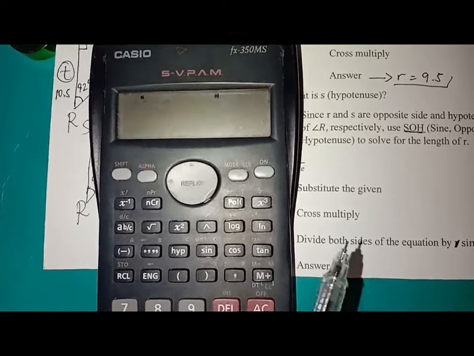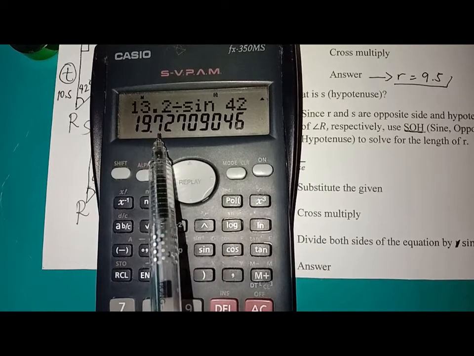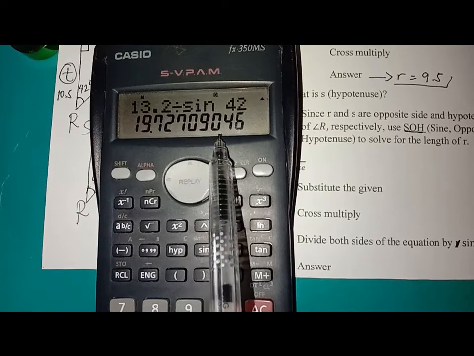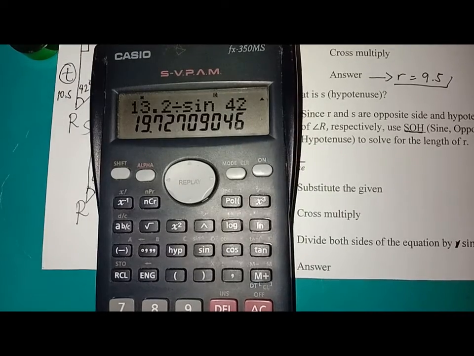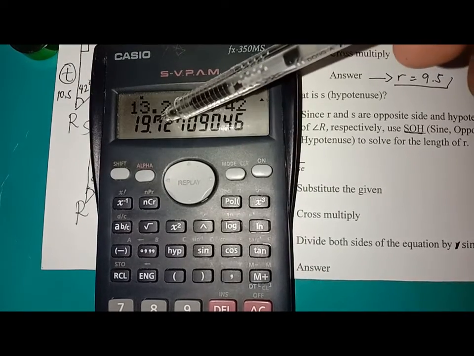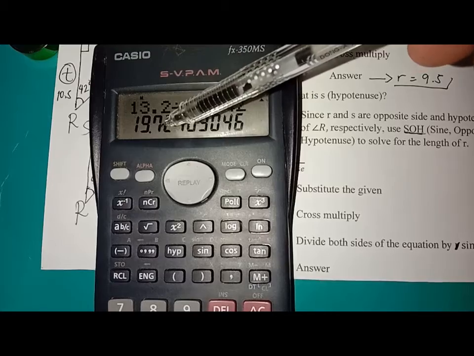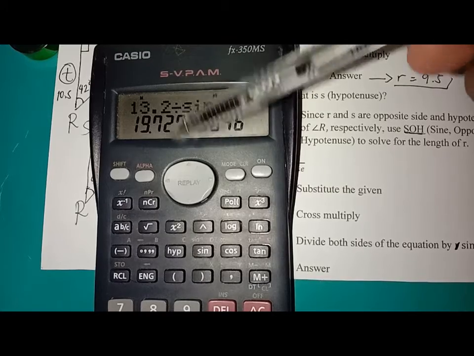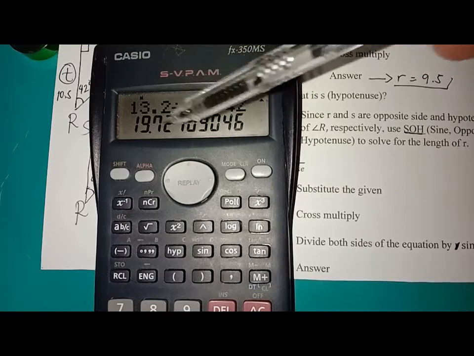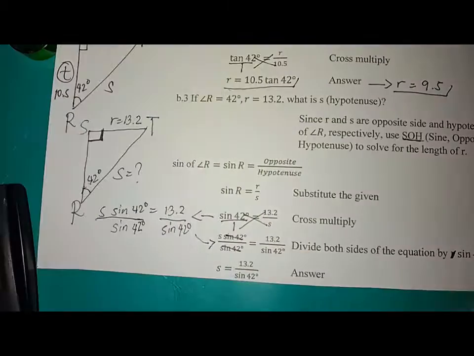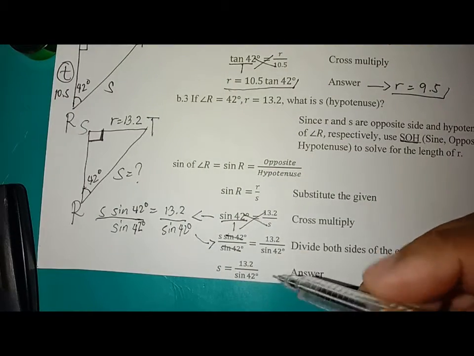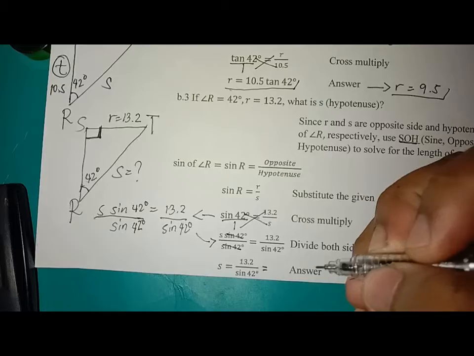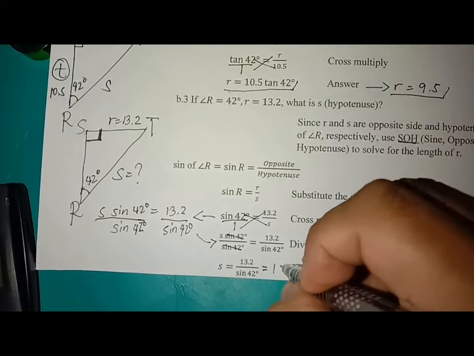Then press equals, you have 19.72709046. Again, we're going to round off this one to the nearest tenth. 7 is the tenths place. The digit next to 7 is 2. So since it is small, 7 stays the same. Therefore, 13.2 over sine of 42 degrees is approximately 19.7.